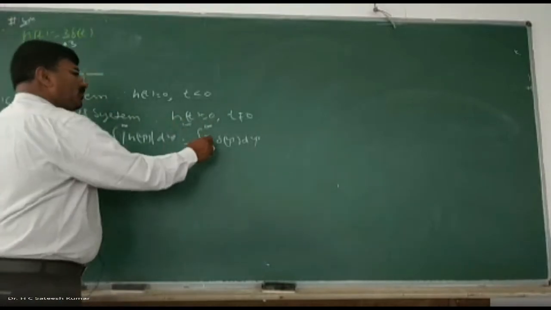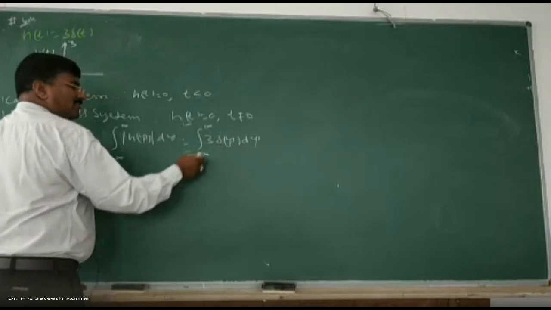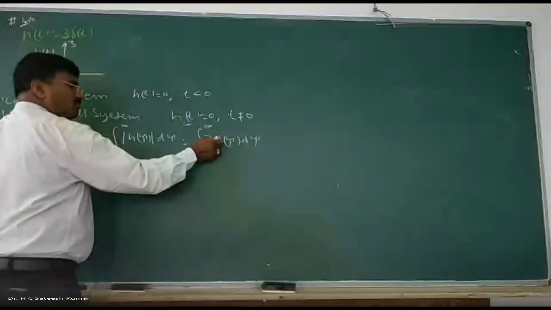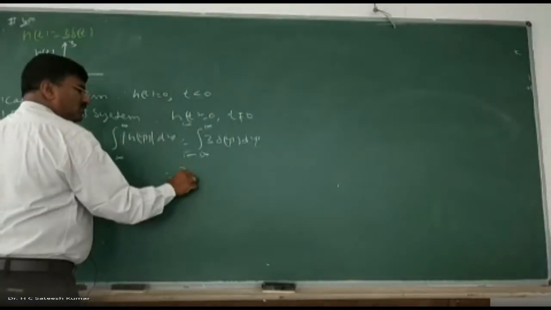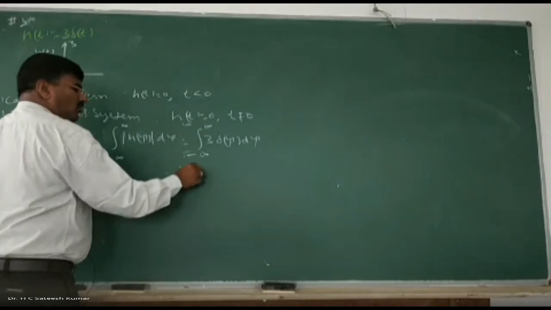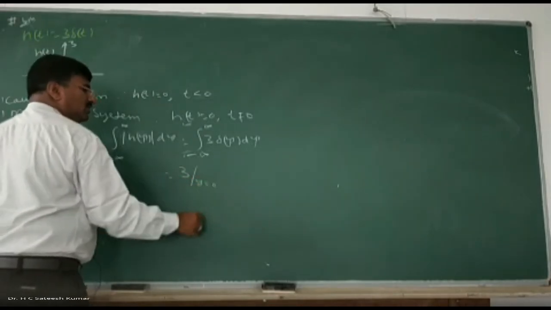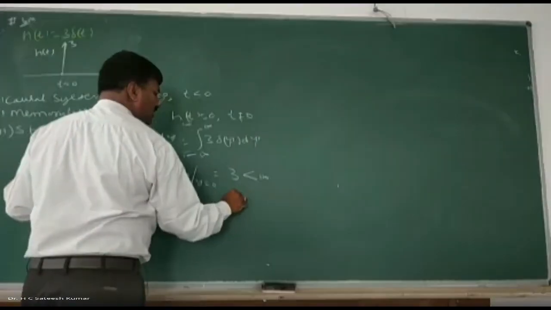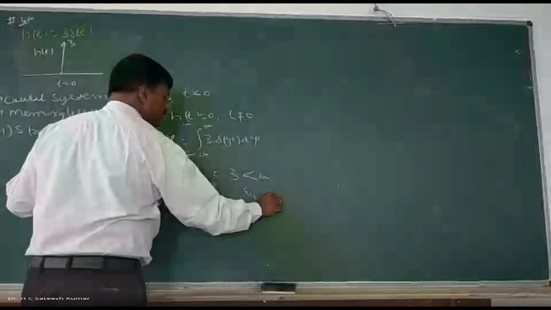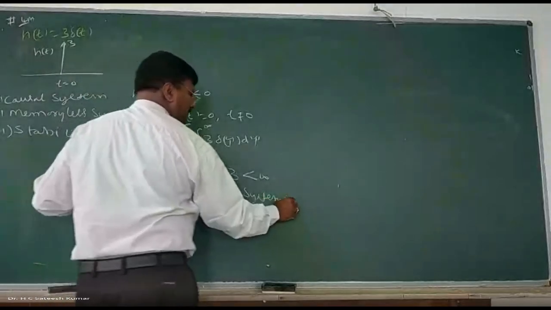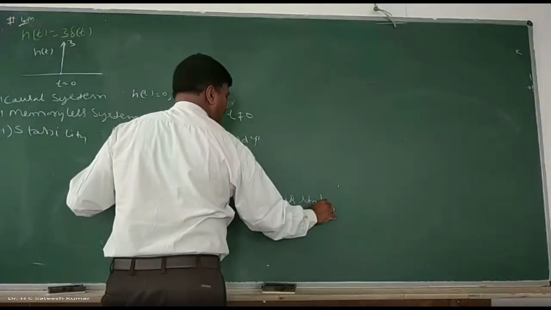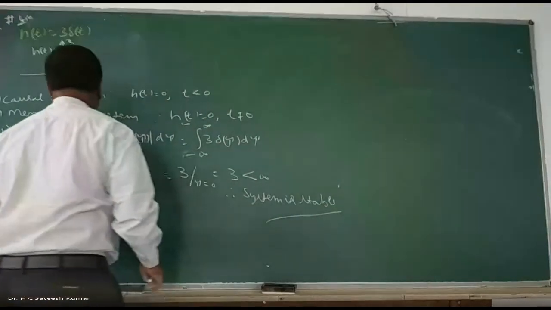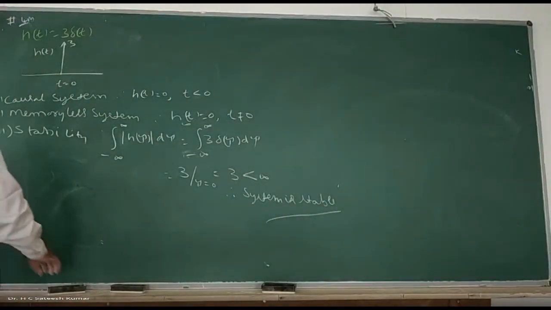So only the value at 0 will exist. This delta of tau will exist only at tau is equal to 0. Therefore, this value is equal to 3. Only at tau is equal to 0, its value is 3. This is less than infinity. Therefore, system is what? Stable. So that's how we should do it. Okay. Next one.